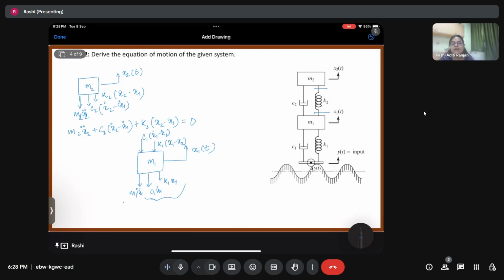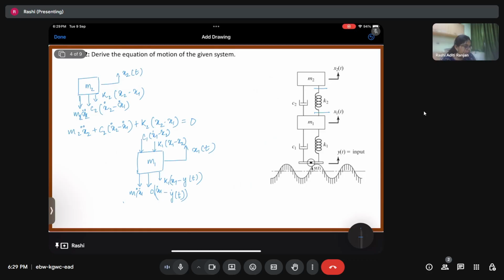But here we have y(t), so we have a relative displacement of the spring K1 and dashpot C1 as well. This is because though mass m1 is moving by amount x1, the base to which the spring and dashpot are connected is also moving by the amount y(t), right? So we have to write this as k1 into x1 minus y(t) and c1 into x1 dot minus y dot of t. Okay, I hope this is clear.